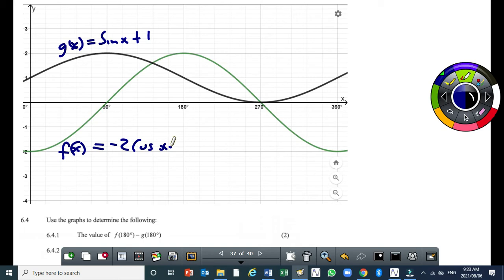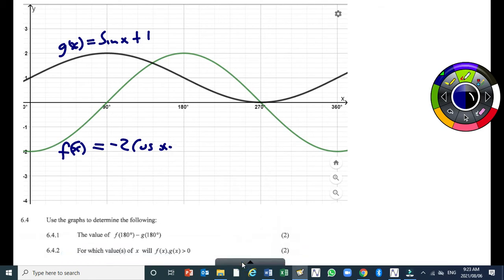Okay? So these are the two graphs now on the same system of axes. Right? Then from these two graphs, you now need to answer those two questions. The first question now says, use the graphs to determine the following: the value of f 180 degrees minus g 180 degrees. All right, here we have got what's called function notation.